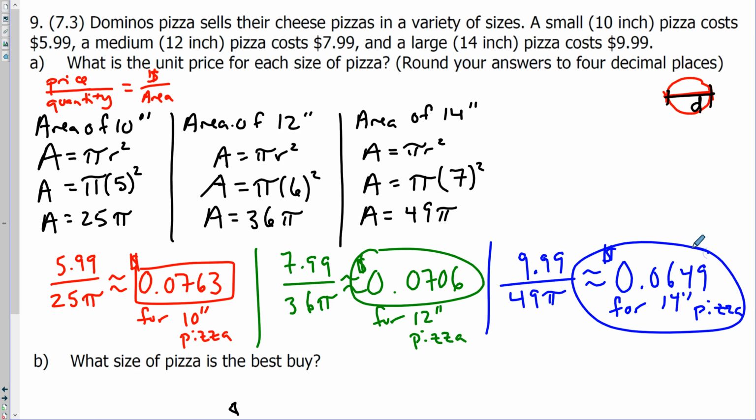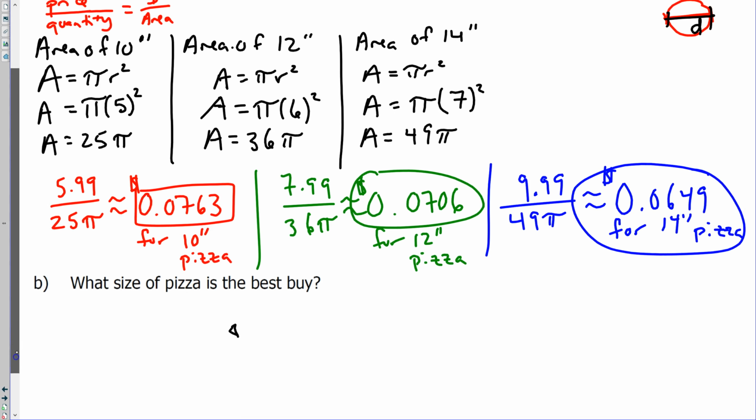Okay, so we have our unit prices. And we can definitely see when we compare those, the biggest number is the first one, the 10-inch pizza. So that would be overall the most expensive per square inch of pizza. The next highest one was the 12-inch pizza. So that was definitely pretty significantly cheaper. But still, our best buy was the largest one. That was the cheapest price per square inch.